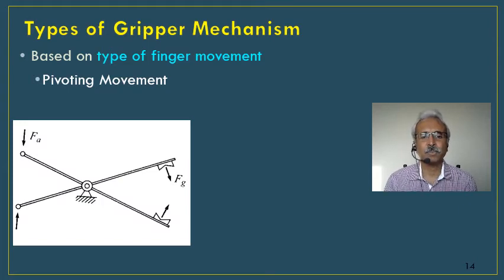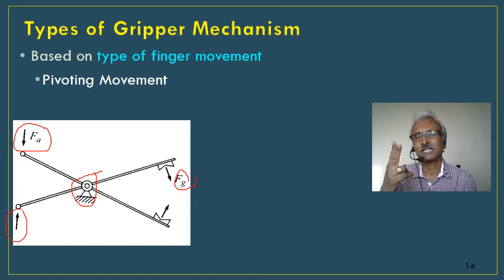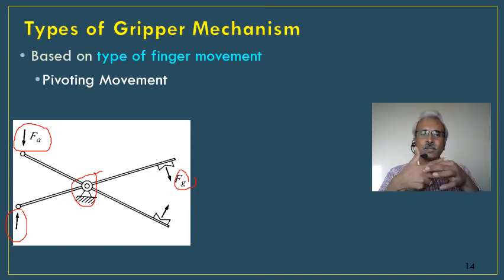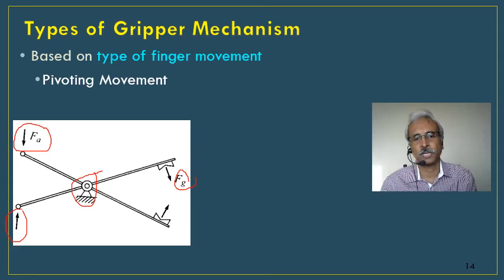So this is a simple pivot. You can see here it's pivoted here, and when a force is applied, there is a gripping force applied on the object. The simplest example which we use in day-to-day life is a scissors, where at the center you have this pivot, and when you move this end, the scissors open and close.